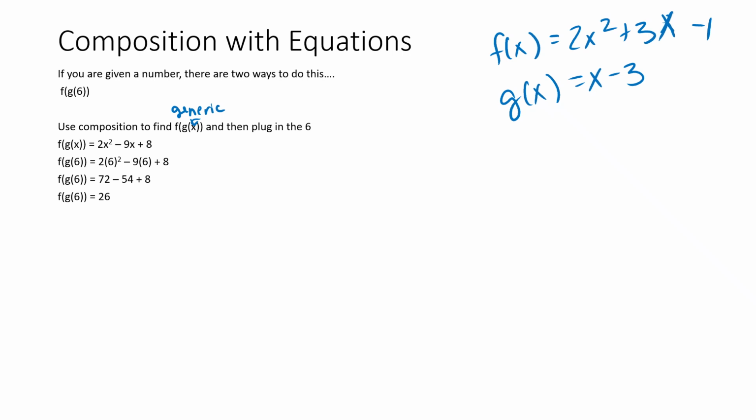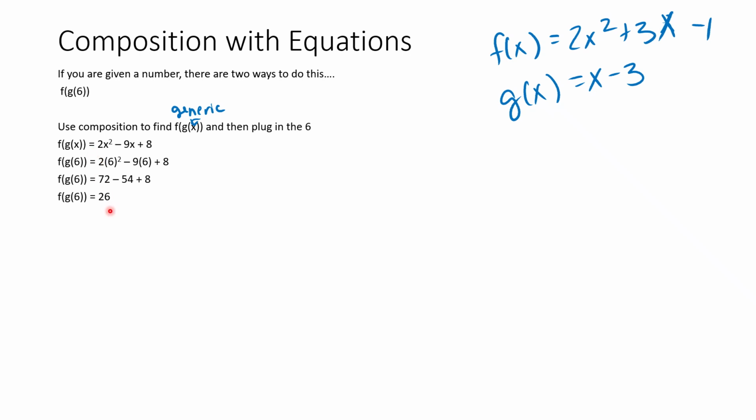So we found on the previous slide that f of g of x was equal to 2x squared minus 9x plus 8. Please back up the video if you want a refresher on that. Now that we have a function for f of g, now we can take that 6 and plug that in. So f of g of 6, we would plug the 6 into that function, and we land at f of g of 6 is equal to 26.